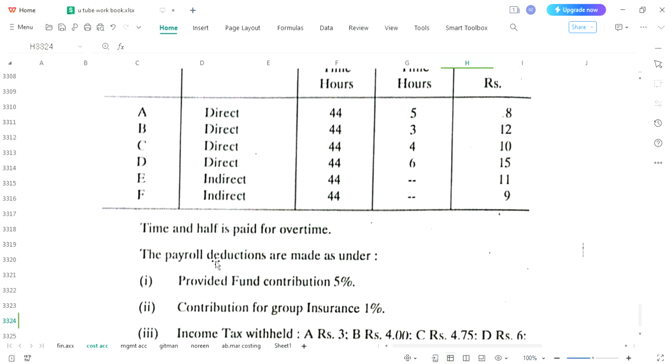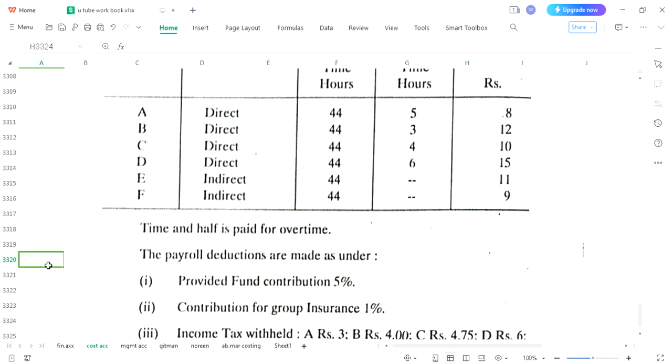Besides this, we will calculate total wages. For each worker there are some deductions as well. We will deduct these three factors from total wages, and then calculate the net wage of each person and the net wage of the total labor workers present in the factory as well.